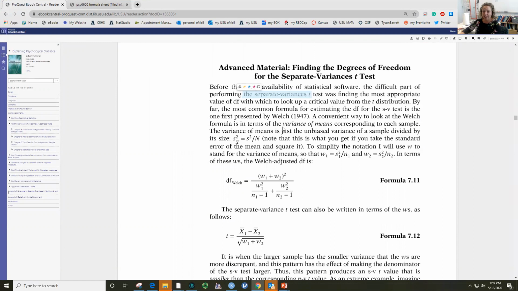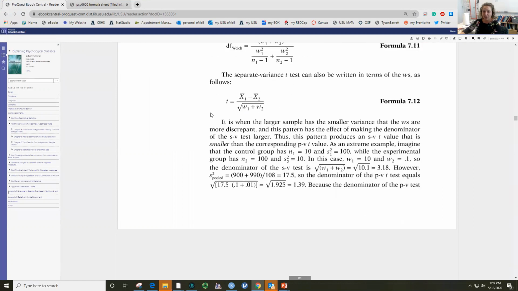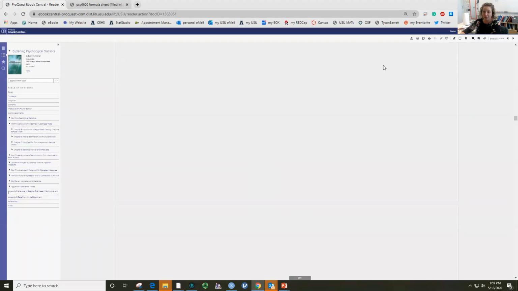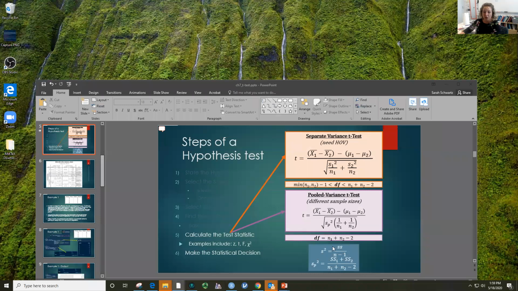But when you do the separate variance test, your degrees of freedom are not going to be the combined sample size minus 2. They're going to be smaller than that. So notice how the degrees of freedom are written here. In this slide, it's not giving you that Welch's ugly formula.